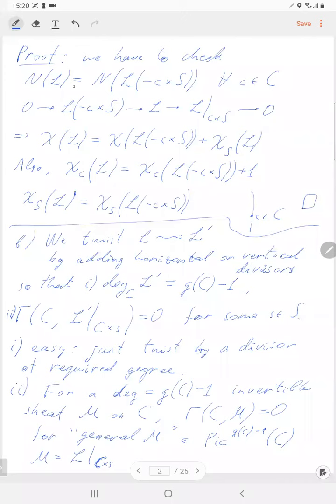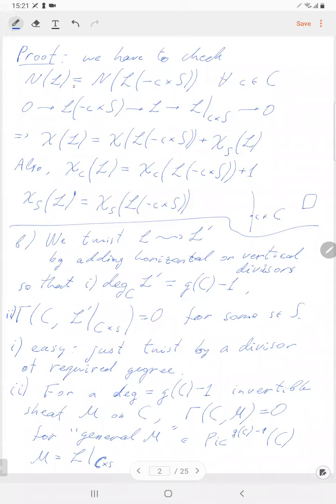So you only have to make sure that you don't choose base points by bad luck. If you don't, then dimension necessarily drops by 1. If the degree of L is G, then certainly each time you subtract a point, the degree drops by 1, so eventually it becomes 0, yes. And G minus 1, if we twist by the divisor of degree G minus 1, then the resulting sheaf will have only constant sections. Yes, yes.